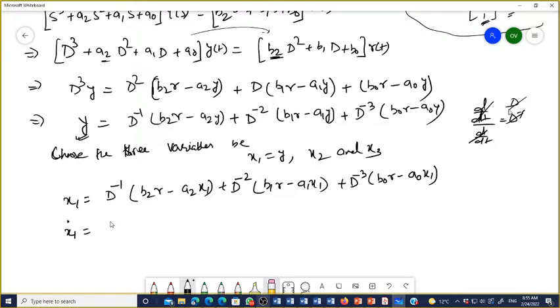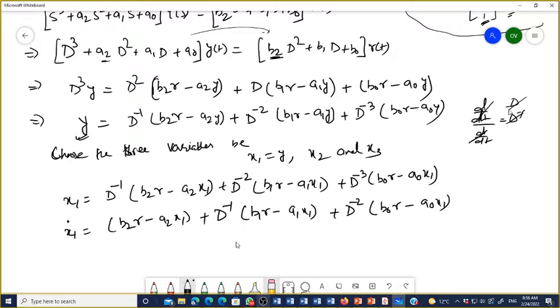So it becomes b2r minus a2x1 plus d inverse of b1r minus a1x1, plus d to the power minus 2 of b naught r minus a naught x1.